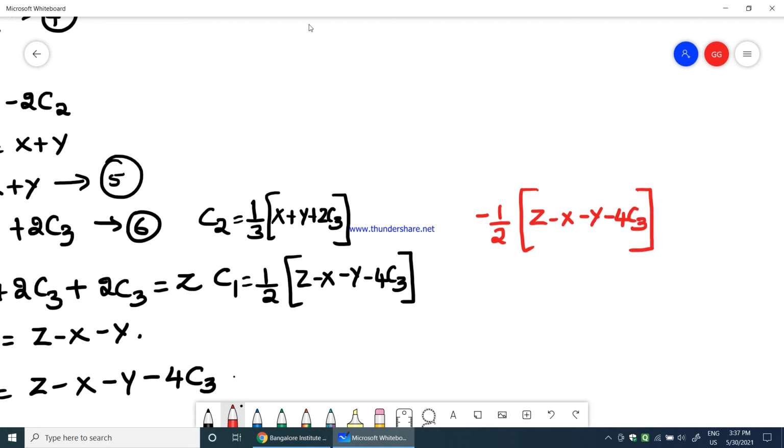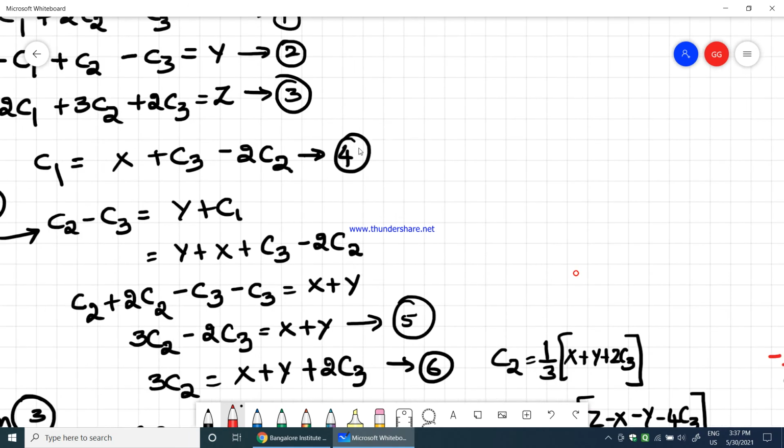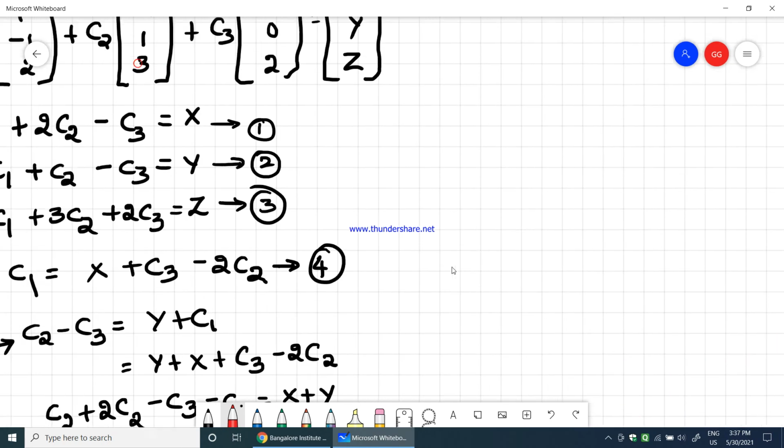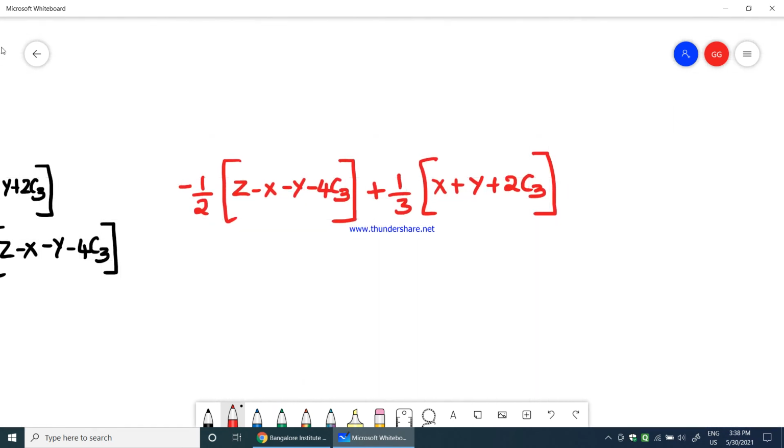Then if you see equation 2, plus C2, which is 1 over 3 times (x plus y plus 2 times C3), then minus C3 equals y. So this is equation 2.